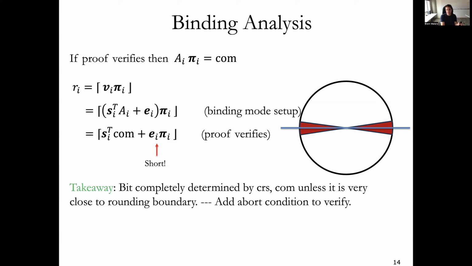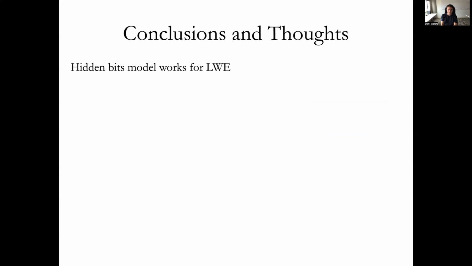The way we can deal with this is to add an abort condition to Verify: if it gets too close, we just reject, and for anything that's not too close, these things couldn't flip it. Now, the rejection adds a little bit of a correctness error to our scheme. There are some ways to deal with this where we can get back to perfect correctness, but I won't go into that for this talk.